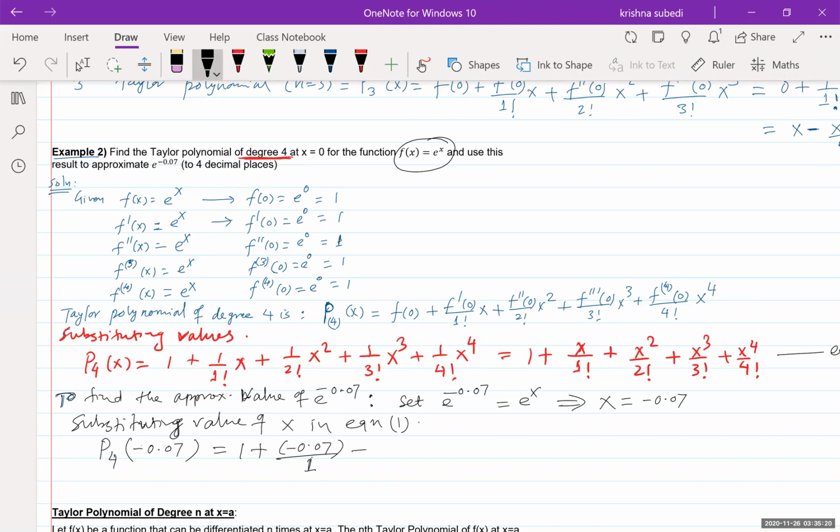Now the third term is x squared, which means negative 0.07 squared, over factorial 2, which means 2 times 1, which is 2, plus negative 0.07 power 3 over factorial 3, which means 6, plus negative 0.07 power 4 over factorial 4, 4 times 3 is 12, 24. Now please use your calculator and let me know what you get.